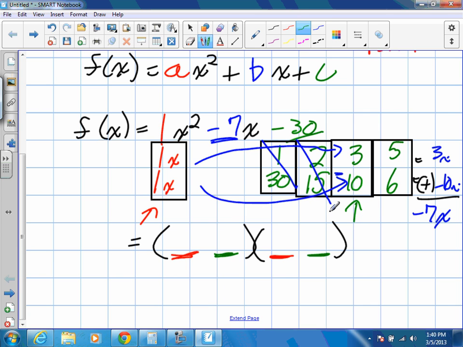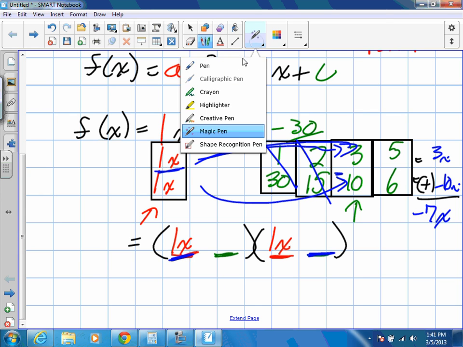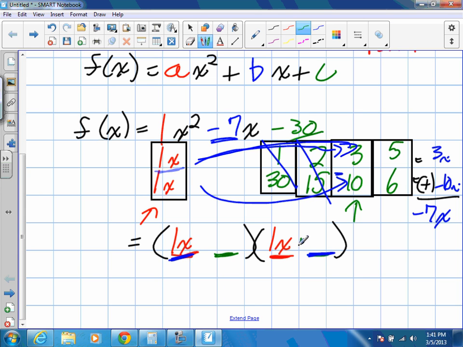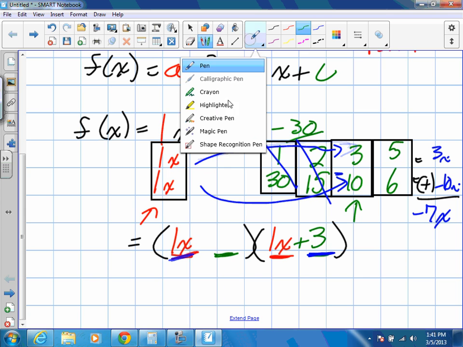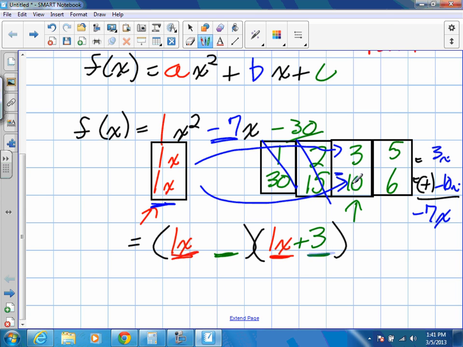So our first column, we're going to have 1x and 1x. We're going to put them in either bracket. It doesn't make a difference. Now, because I multiplied 1x times 3, the 1x and the positive 3 have to go in opposite brackets. Okay. And this 1x times negative 10, the 1x and the negative 10 have to go in opposite brackets.